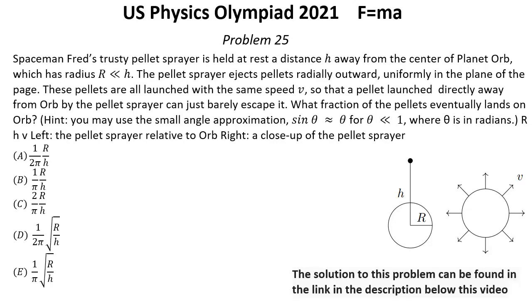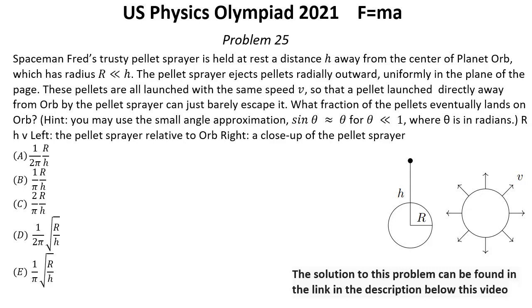Problem number 25. Spaceman Fred's trusty pellet sprayer is held at rest a distance h away from the center of a planet orb, which has radius big R much less than h. The pellet sprayer ejects the pellets radially outward, uniformly in the plane of the page.